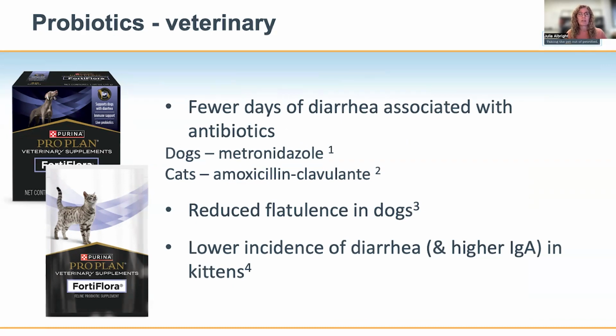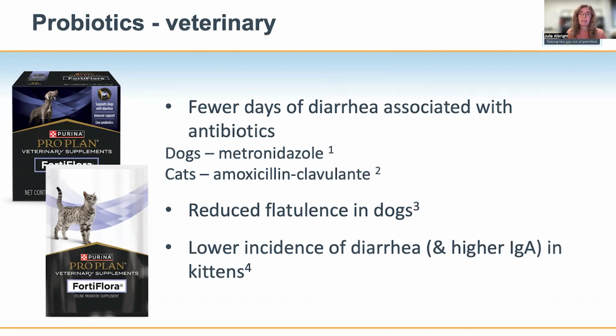In dogs that had diarrhea induced by metronidazole use, and cats that had diarrhea induced by amoxicillin clavulanate use, those that were given the FortiFlora product had fewer days of diarrhea associated with the antibiotics. Just as an aside, the canine FortiFlora has been shown to reduce flatulence in dogs.